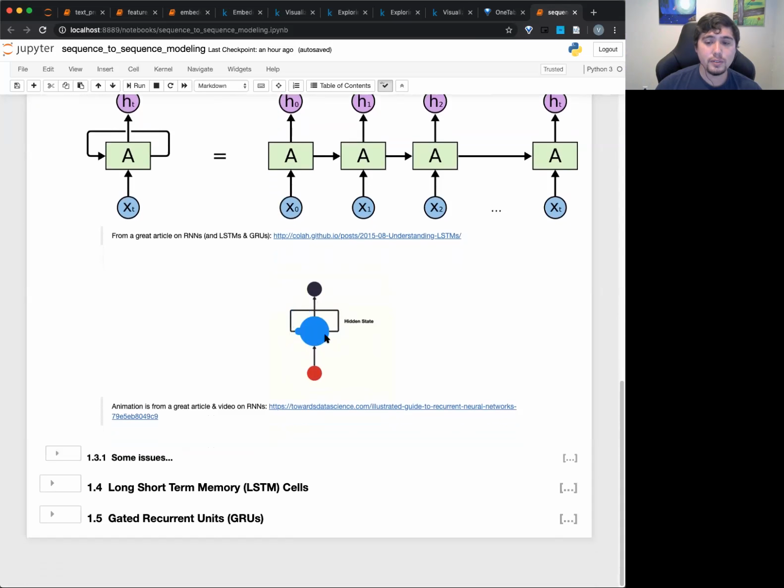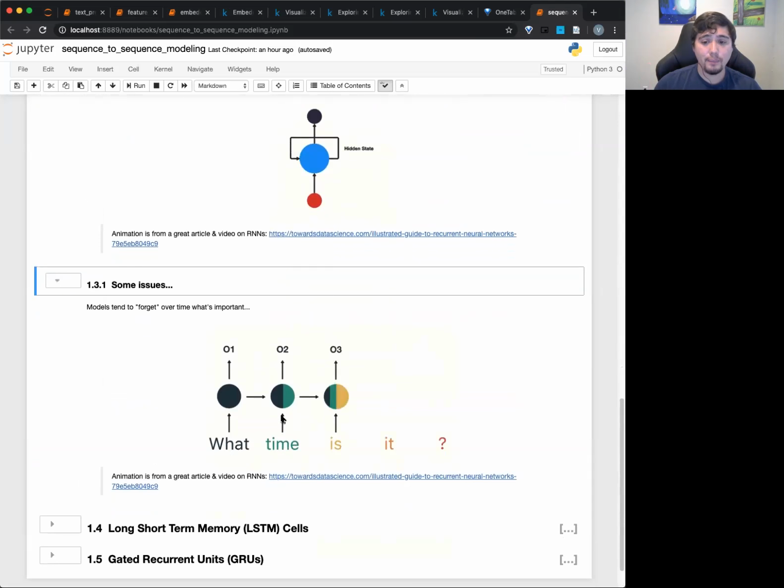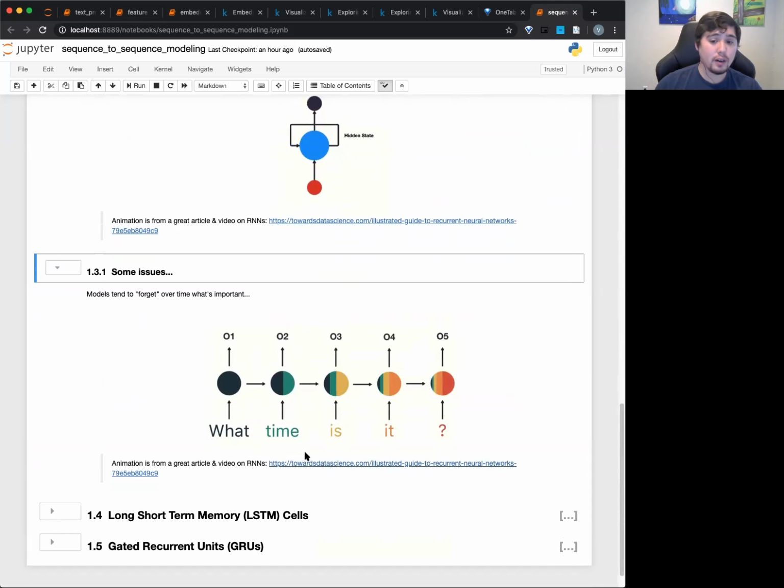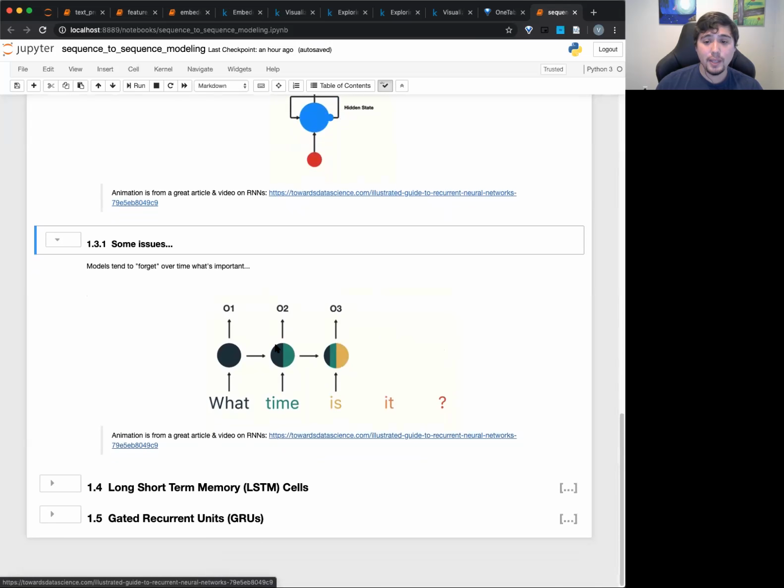Some issues with this though, by feeding in the next information, is that the machine learning model tends to forget things. It will remember the most recent thing, but if something happened way back here, it might forget it. And this is where this little animation, from this great article you should read, best explains it. You can think of "what time is it" as the full sentence, represented by this color.